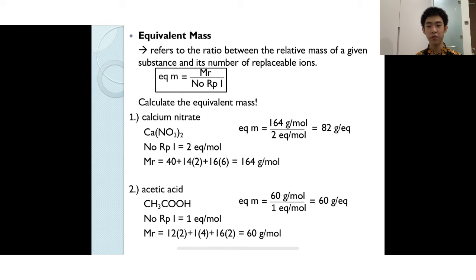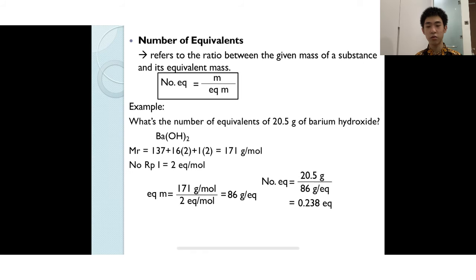Next is the number of equivalents. It refers to the ratio between the given mass of a substance and its equivalent mass. Number of equivalents equals mass divided by the equivalent mass. Example, what's the number of equivalents of 20.5 grams of barium hydroxide? So the relative mass is 171 grams per mole.